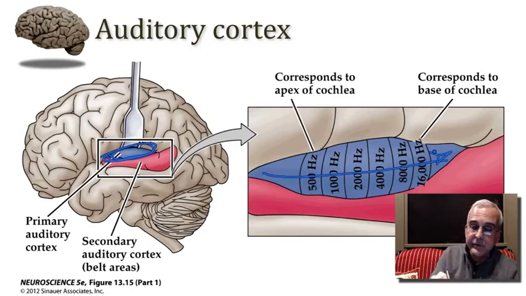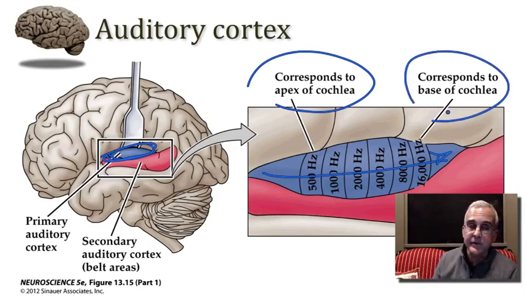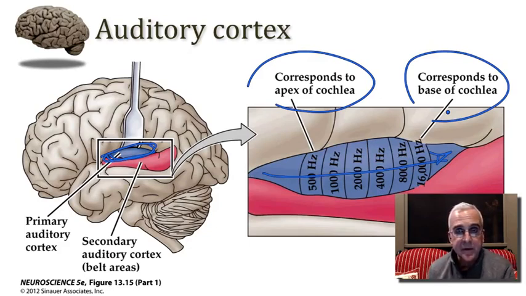The more anterior region responds to stimuli that are encoded near the apex of the cochlea, whereas the more posterior region encodes the higher frequencies that are first transduced near the base of the cochlea.